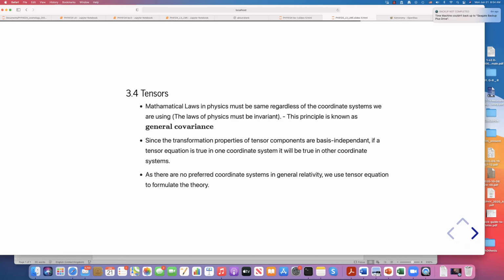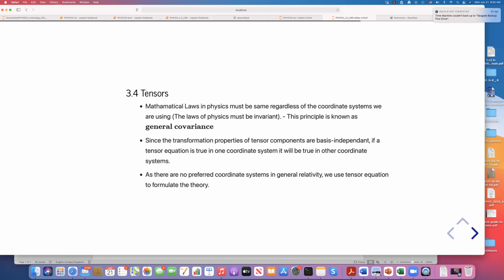Now, in general relativity, there are no preferred coordinate systems, right? And we use tensor equations to formulate the theory. If you remember, when we did classical mechanics, I told you that it is important to select the correct coordinate system as well, right? I mean, it doesn't matter which coordinate system you choose, you will still get the answer.